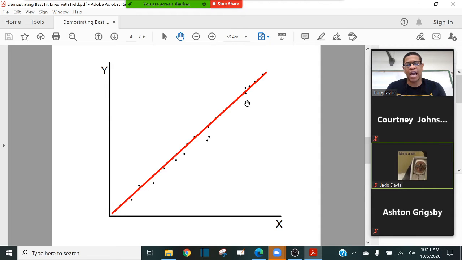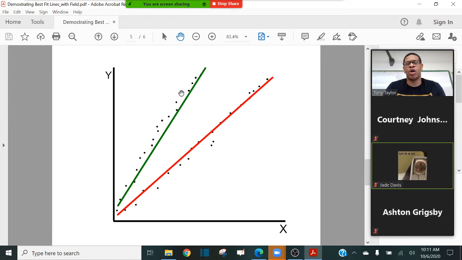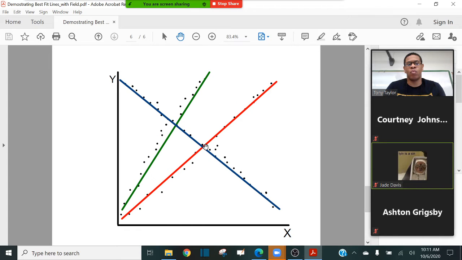This line in red represents the best fit line through my walker's data, and it allows us to remove those outliers, those error points. So this is what we got for our walker. Here's the best fit line that we got for our runner, and here's the best fit line that we got for our walker in the opposite direction.